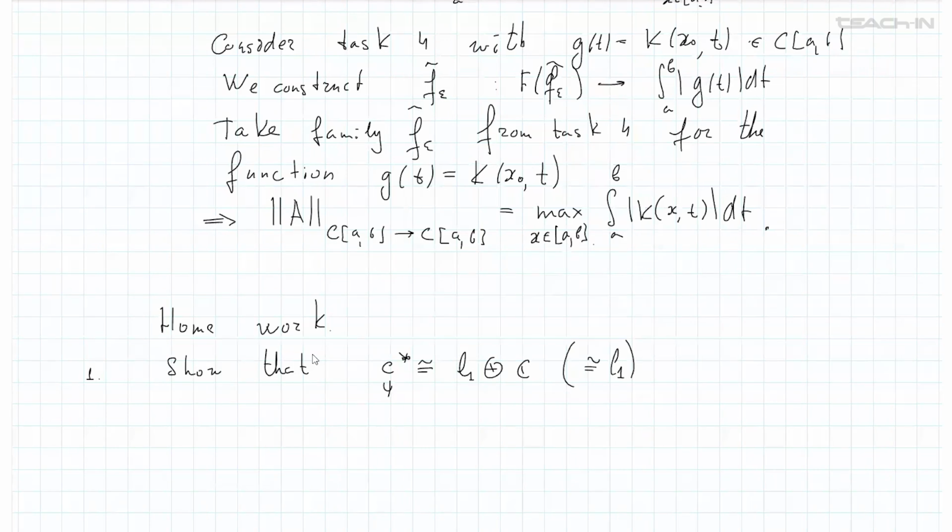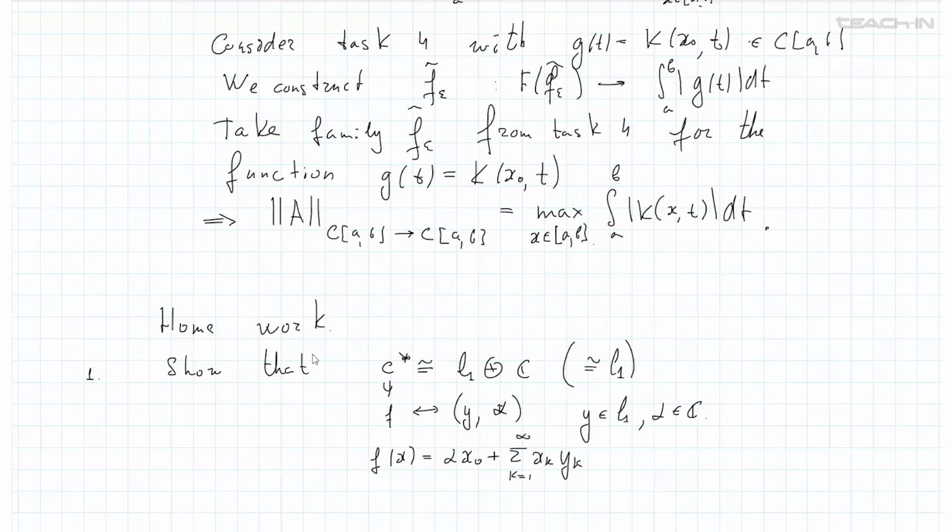So show that for any functional f there is a one-to-one correspondence to y and an element alpha, where y lies in L1 and alpha is a complex number, and f acts on x equals alpha x0 plus the sum of x_k y_k, k from 1 to infinity.